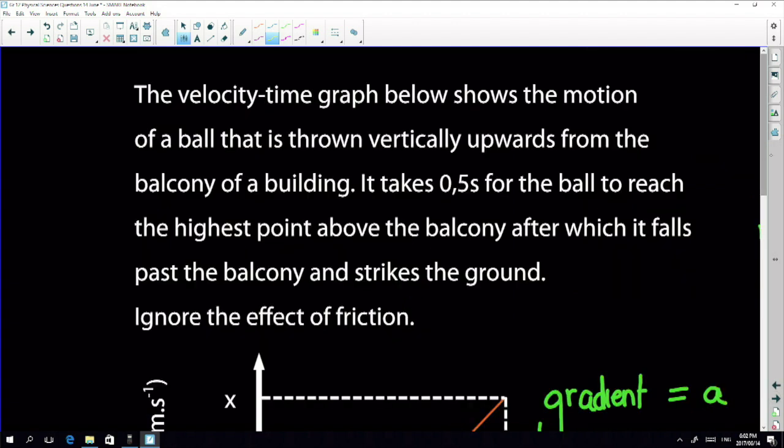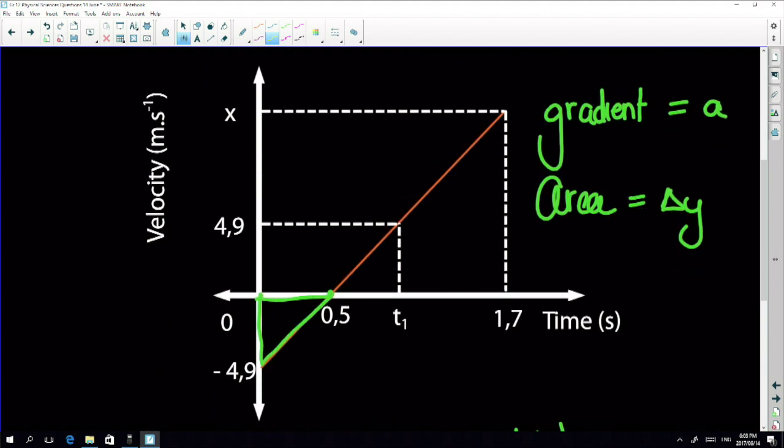I'm going to go back here because this is going to be easier. From my graph, I know the initial velocity, very important. I know time. I know velocity somewhere in the middle, but I could use that as well. Then I know the displacement, and I know acceleration due to gravity.